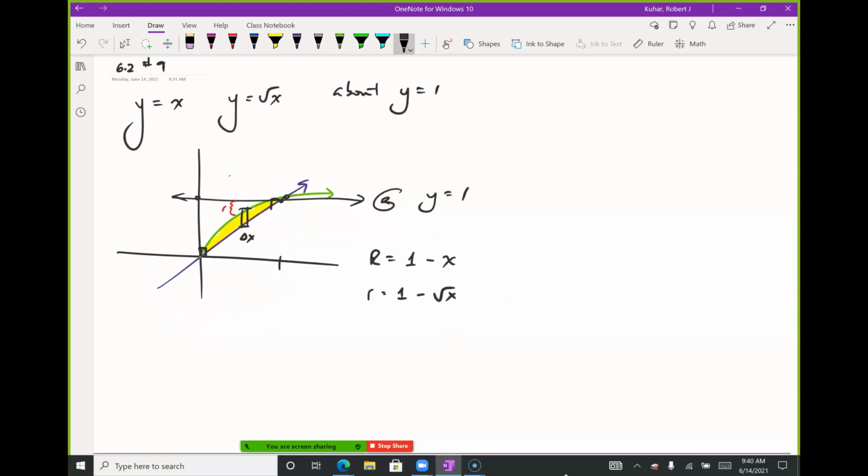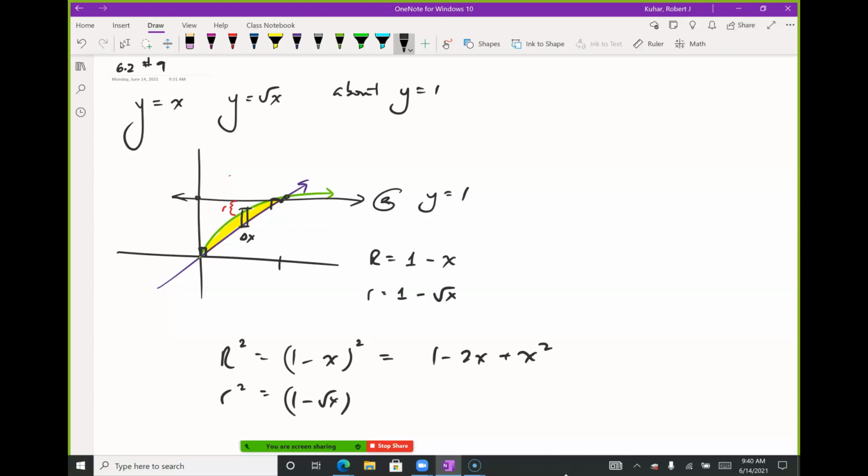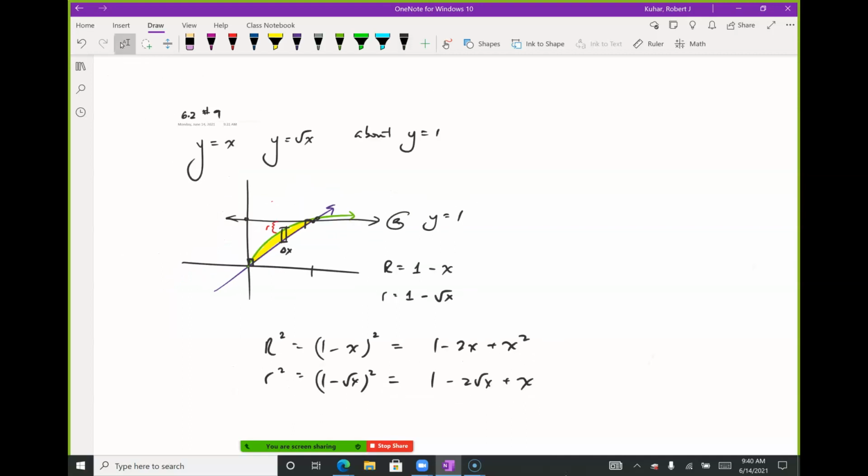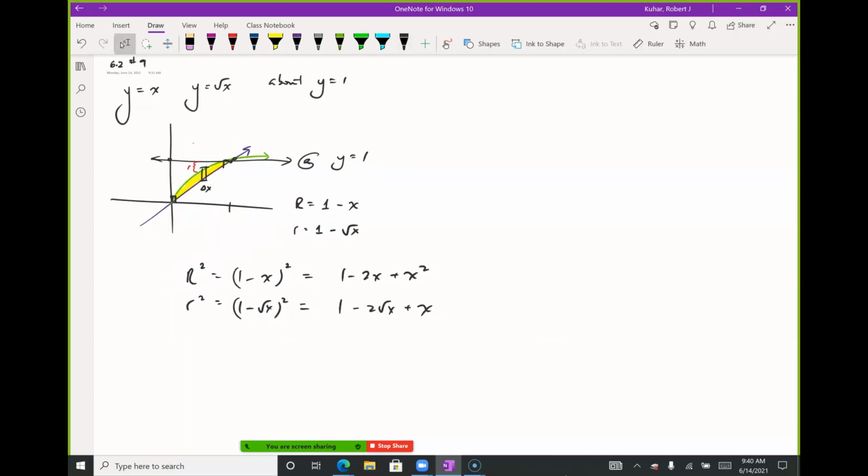Well, both of those have to be squared. So I'll do that real quick. And then I can go into my formula, right?